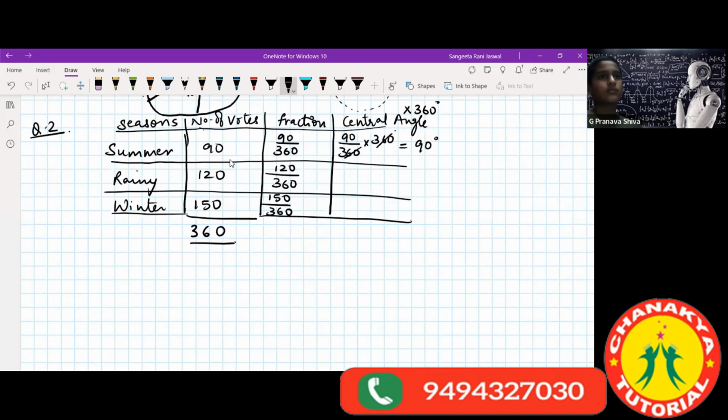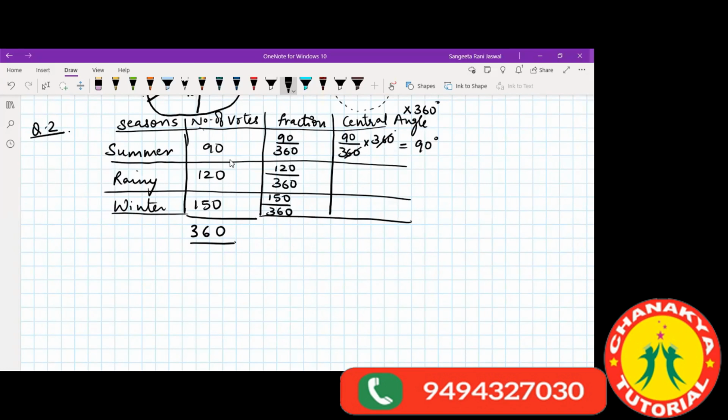When we are finding the fraction, we need to take by 360 because it has total size. This fraction is the sum of all the total number of votes. This is 360. And this 360 is the circle's complete angle, because we are finding central angle.